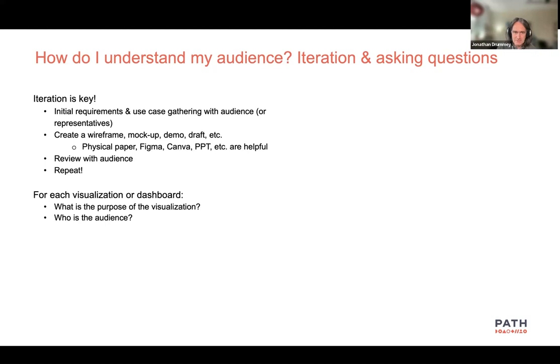Then for each visualization or dashboard, a way I think about it, going back to the watch example, is that we have this limited space that we're using for visualization, and everything that we're putting on that screen has to justify its existence there. So understanding why this visualization exists and what we're going to do with it is absolutely important.